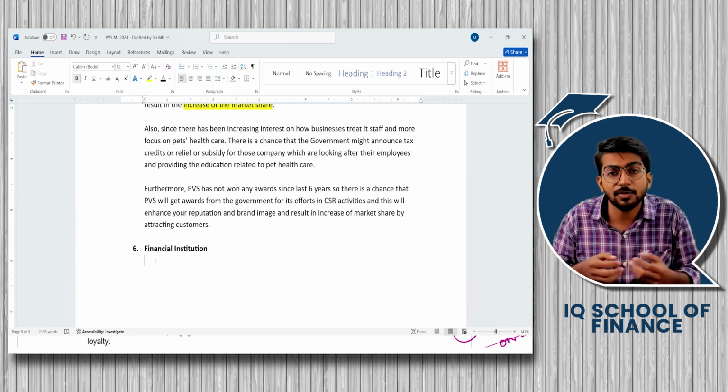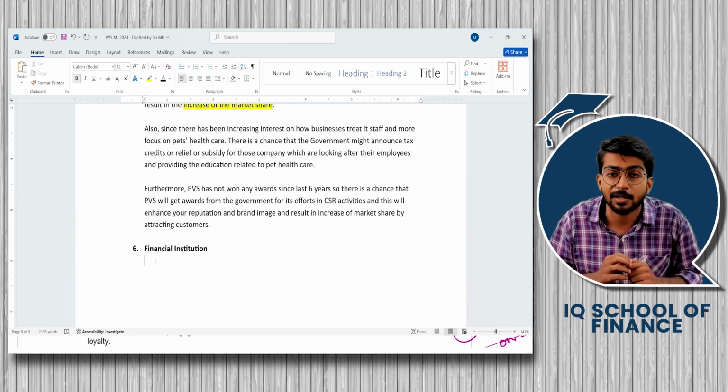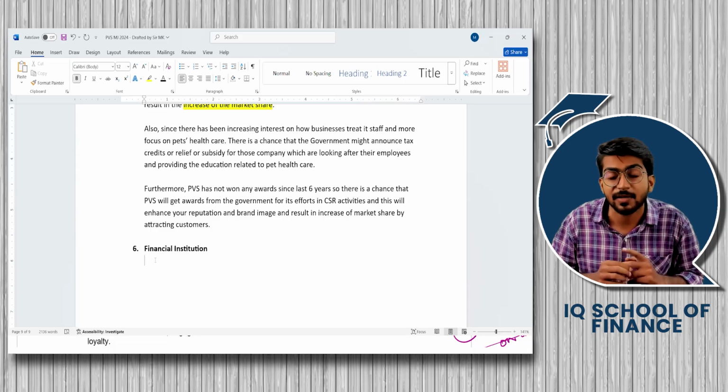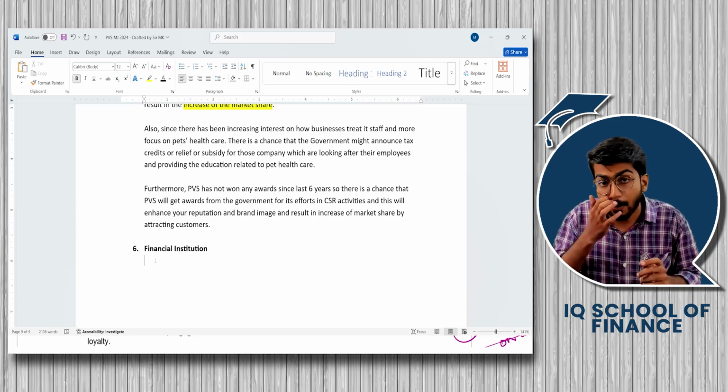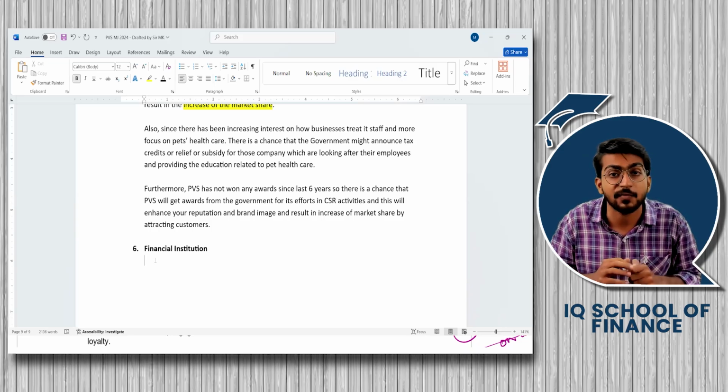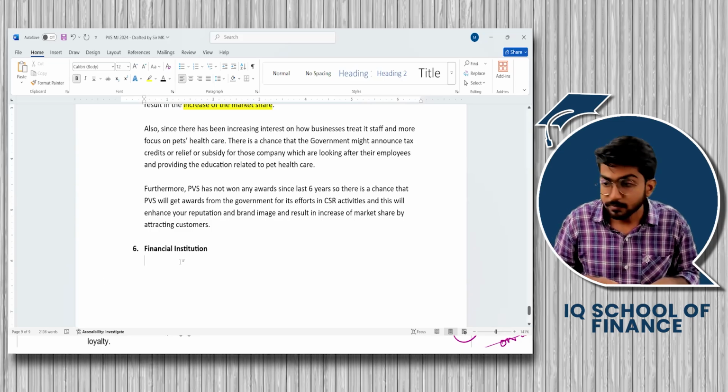And they will also market it on their website, that we are supporting organizations who are doing CSR activities. So for their marketing as well, it will be beneficial for them, right?